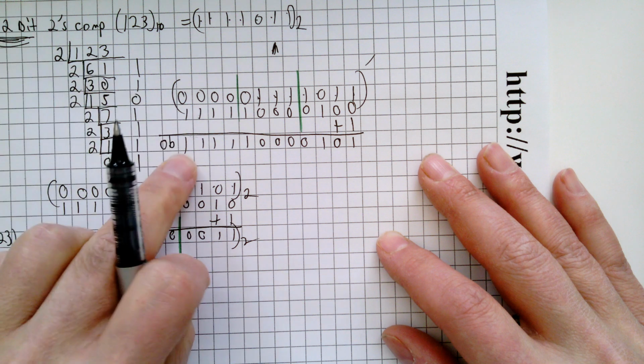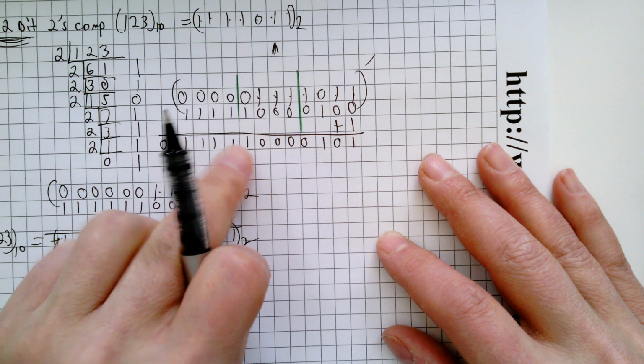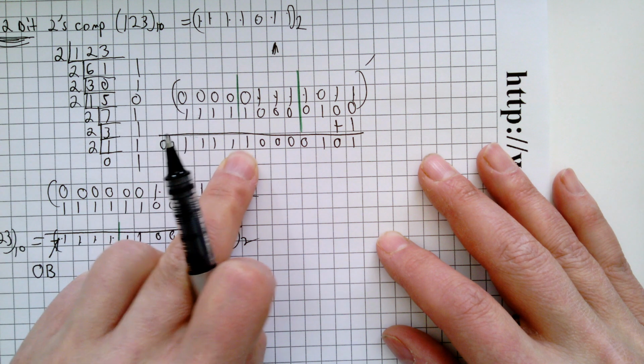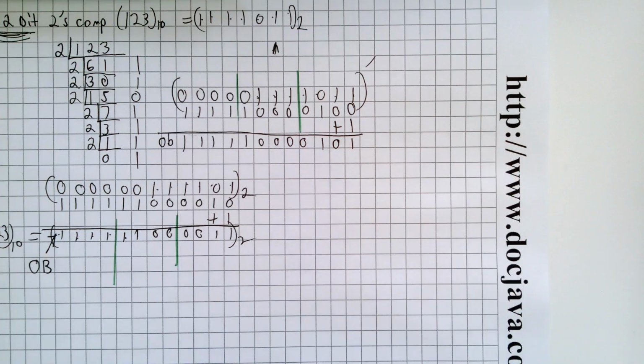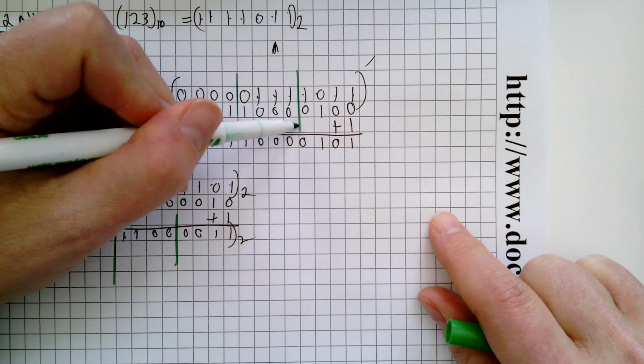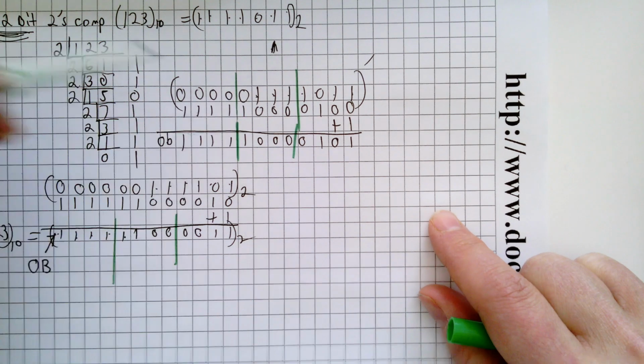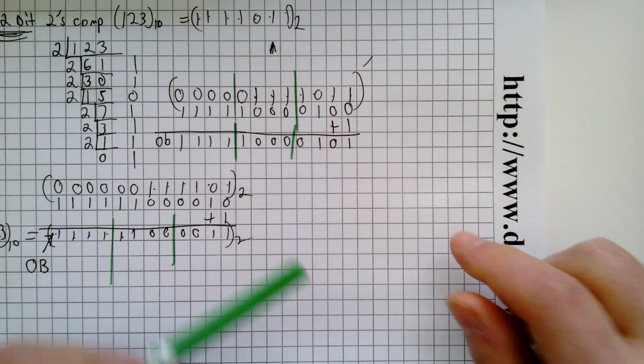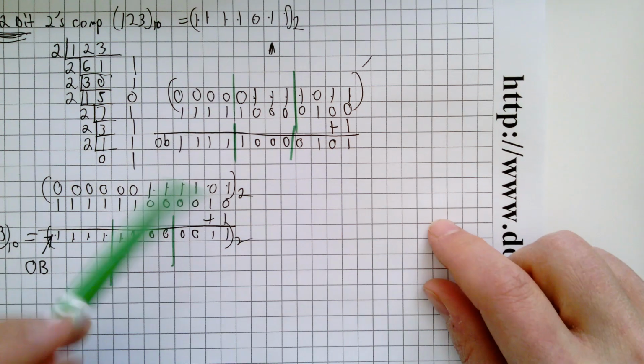That kind of looks like an answer. 1, 2, 3, 4, 5 ones. Yep. Let's group it by 4s again. Yep, that's correct. Yay.